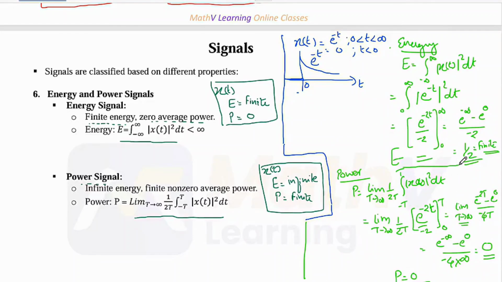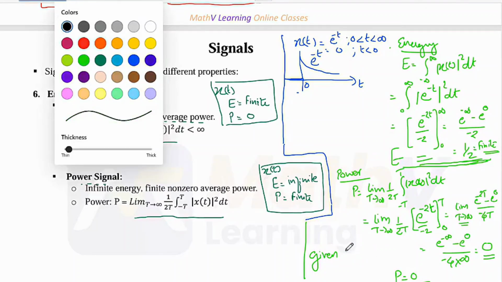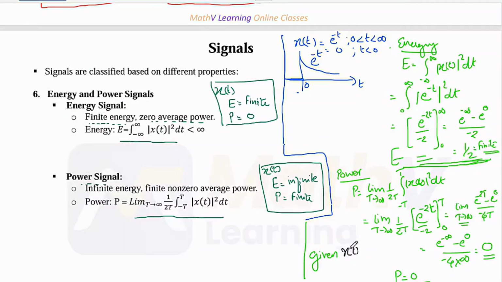So what do we understand from this? Energy is finite and power is 0, right? So this x of t, given x of t, is an energy signal, right?